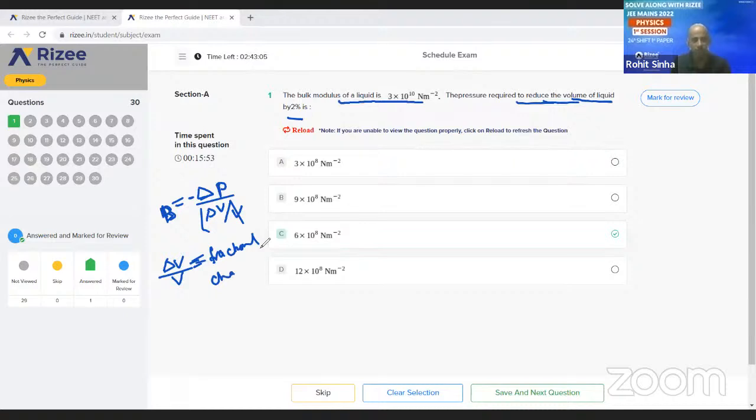You can see here. Now if this fractional change is given, how can we use this formula? Can anyone apply this formula now? See, the bulk modulus is given.